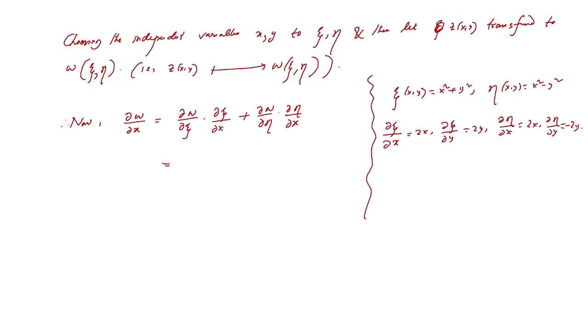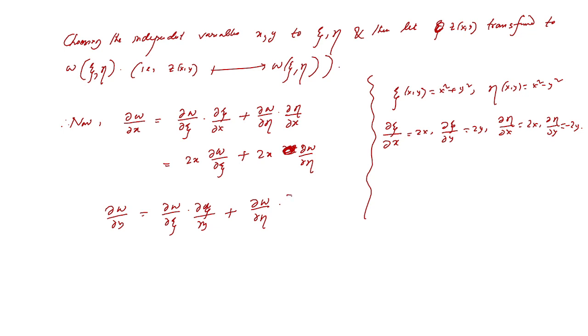We put all these values here, so ∂ω/∂x is 2x ∂ω/∂ξ plus 2x ∂ω/∂η. Similarly, ∂ω/∂y is ∂ω/∂ξ ∂ξ/∂y plus ∂ω/∂η ∂η/∂y, so 2y ∂ω/∂ξ minus 2y ∂ω/∂η.